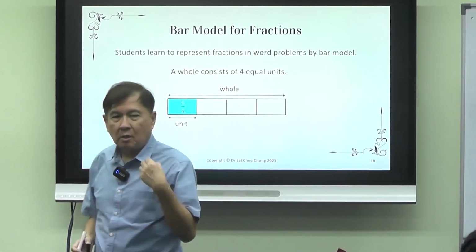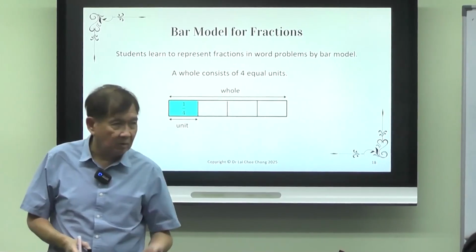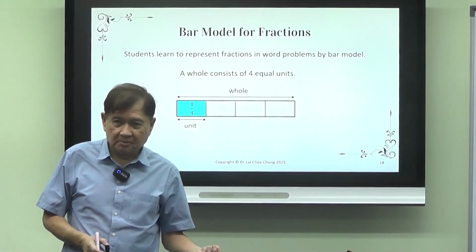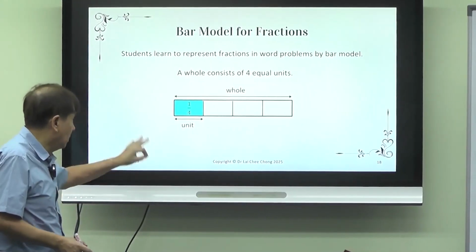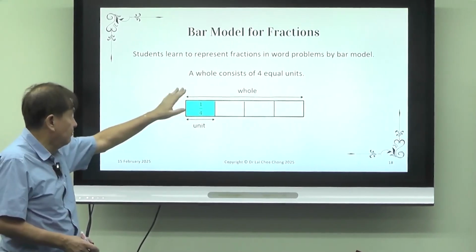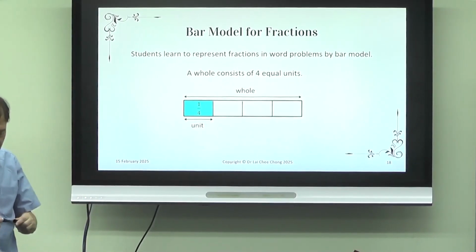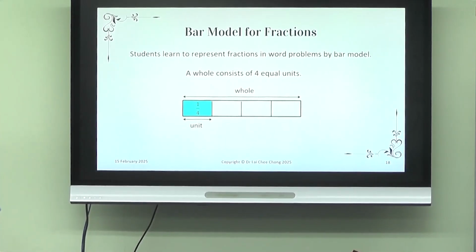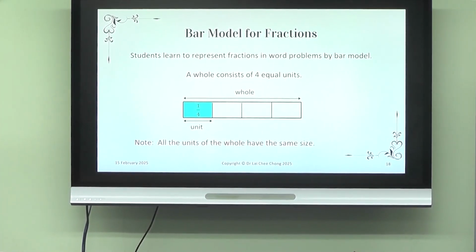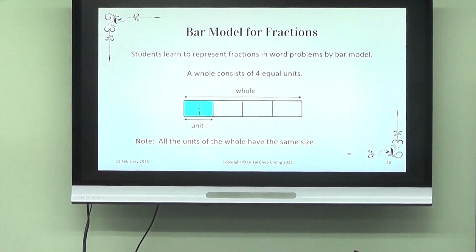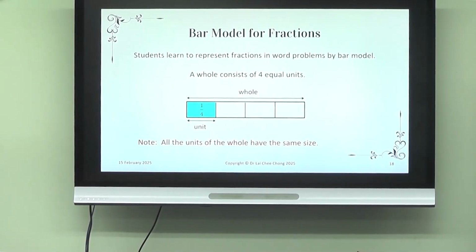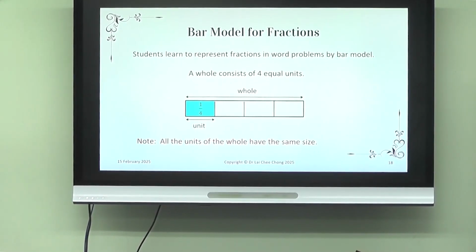Each unit is called a quarter, or 1 over 4, whatever they call that. So they will get used to the terminology here. Say, a whole consists of 4 equal units or 4 equal parts, the same thing. That's one of the things they will learn. All right? Now, so I said, all the units of the whole have the same size. That's important.